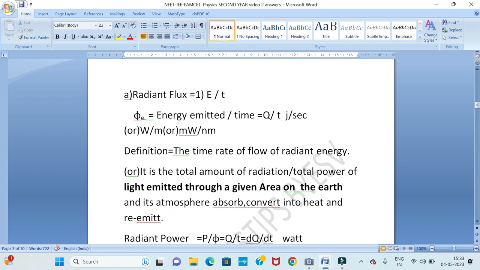So that is called radiant flux: energy emitted by time.